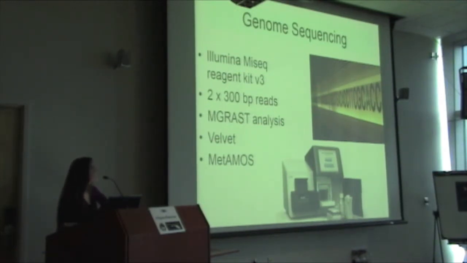We did this using MG-RAST, which is a database that allows you to assemble and analyze metagenomes or genomes. In the near future, we will use Velvet and MetaMos to further analyze and assemble the metagenome. And that's a picture of the Illumina MiSeq.